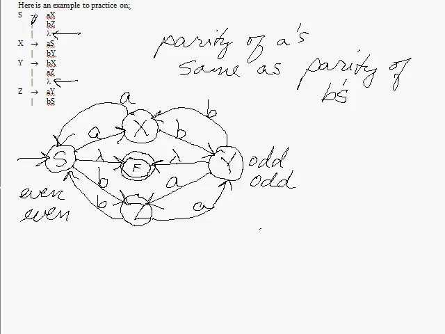And so what's going to change in this grammar, this is going to go away, this is going to go away, and we're going to add a rule to X or lambda, and we're going to add a rule to Z or lambda. Then our machine would have these two states being accept states rather than those two states.